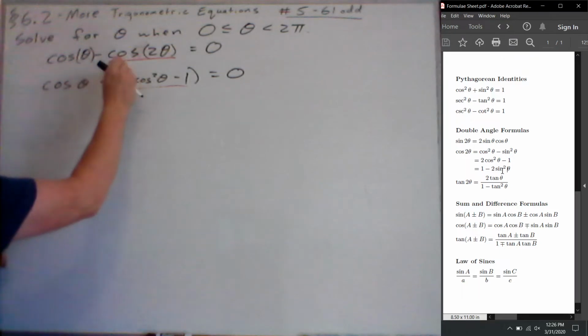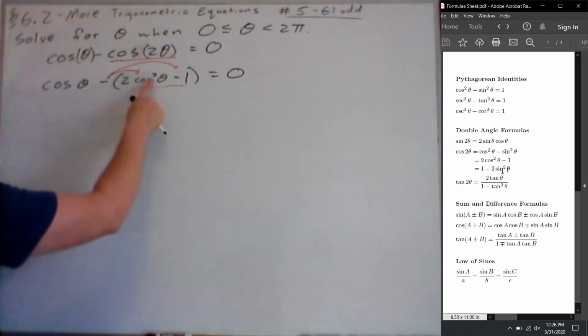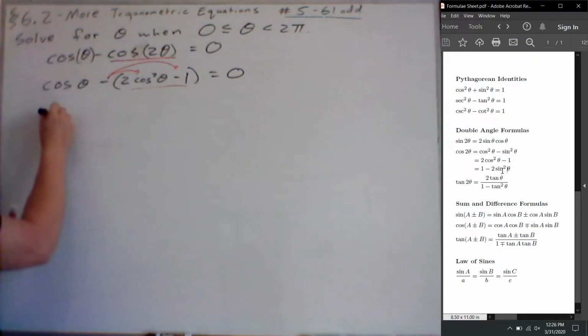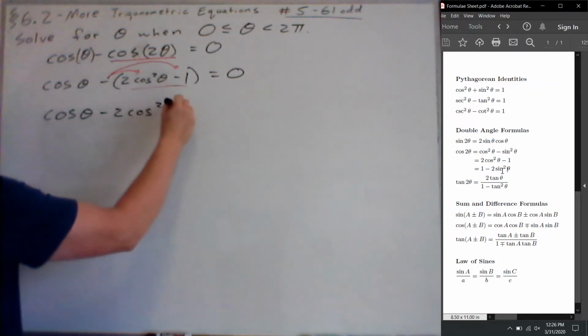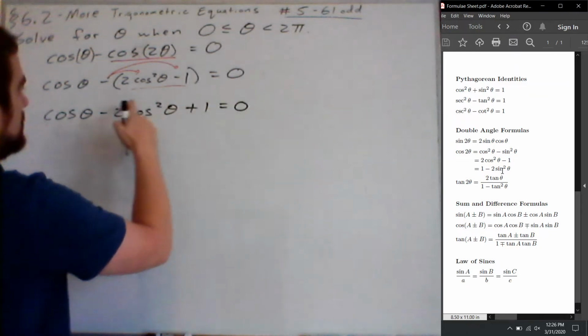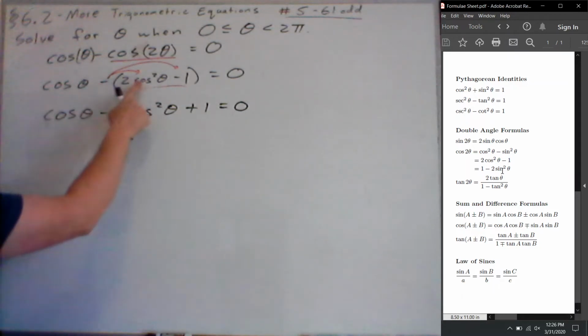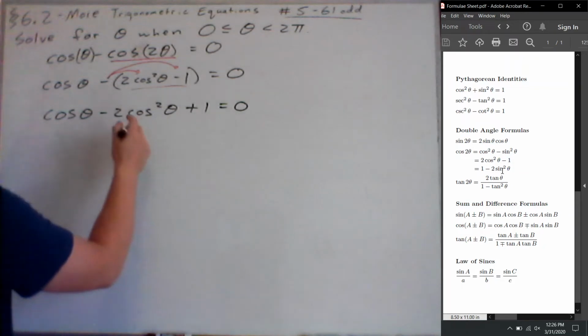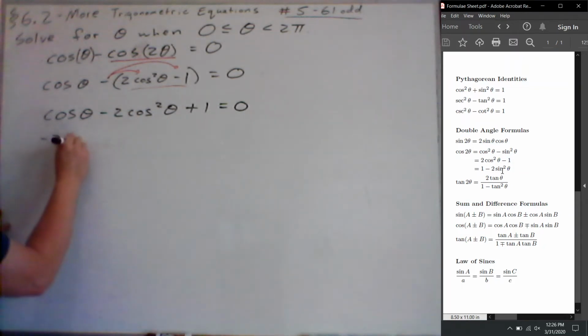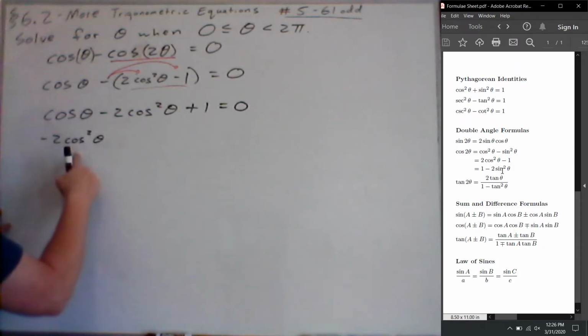Looking at it, it now kind of reveals itself because of that cosine squared as one of those functions that I probably have to play around with that square to see if I can get it to factor. First, don't forget to distribute that negative everywhere. And I'm going to rewrite it so I see the square piece sitting up front.